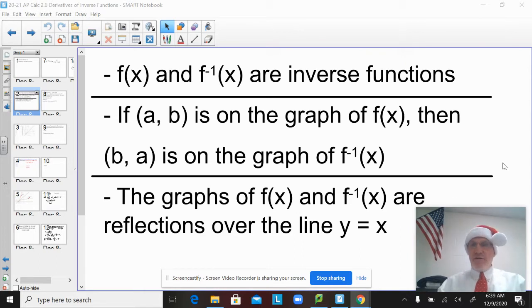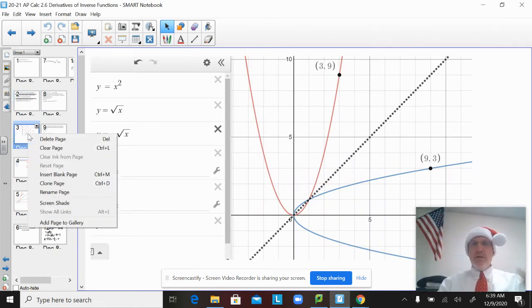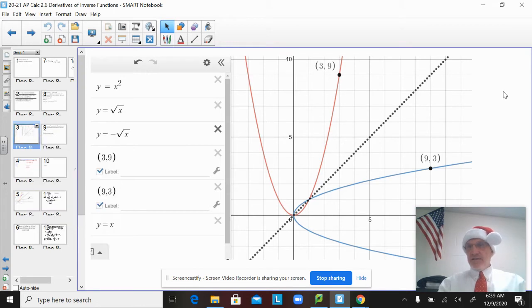And I have a graph here on this next page of two functions. One is x squared, which is just a parabola. And the inverse of that is the square root of x, which is the sideways parabola. Those two, the blue parabola and the red sideways parabola, are reflections over the line y equals x, and that dotted line there is the line y equals x.